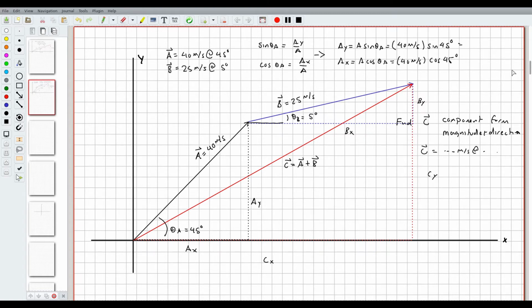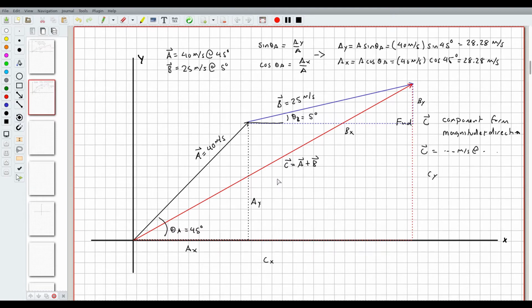For A, 28.28 meters per second and 28.28 meters per second there. So that's the A part.